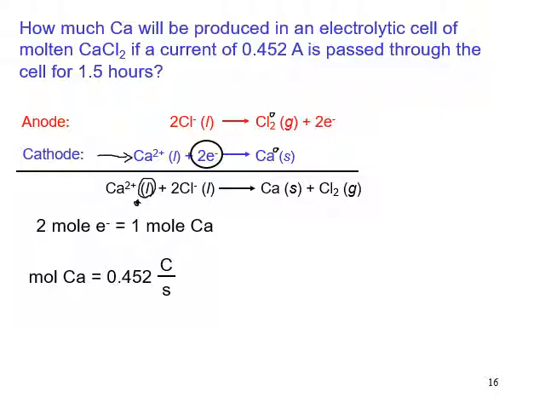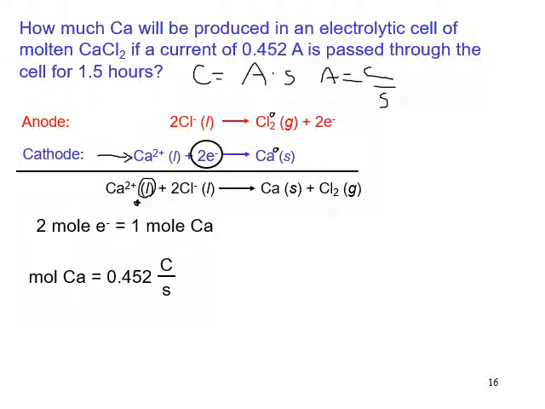The 0.5452 is a value that was given up here, which is amps. And remember, amps is a coulomb per second, because remember, coulomb was equal to amps times seconds. So that means an amp is equal to a coulomb per second, and that's why it's like that.